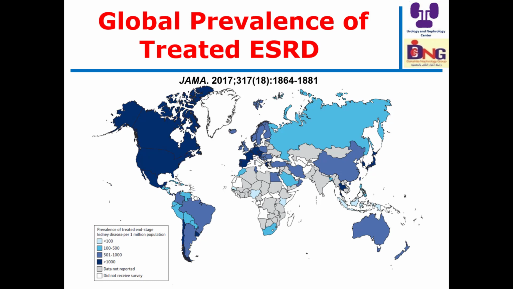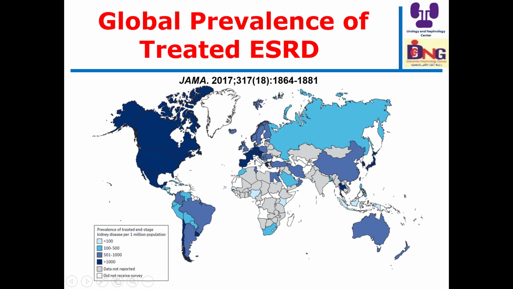We are not trusting the statistics about the prevalence of chronic kidney disease, but we trust the statistics presented within this map because it reflects the prevalence of treated end-stage kidney disease either by dialysis or transplantation per 1 million population.